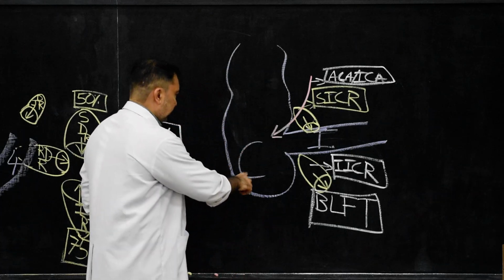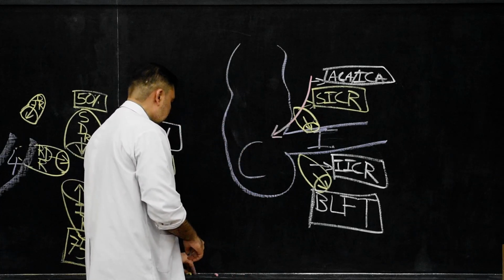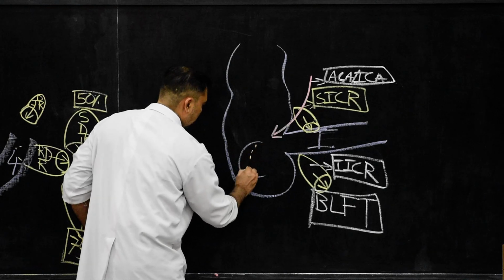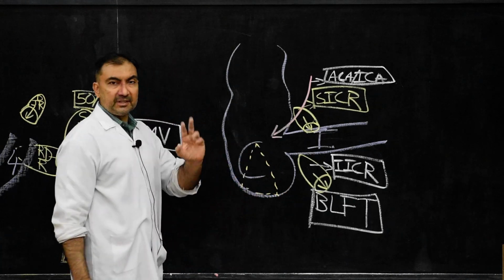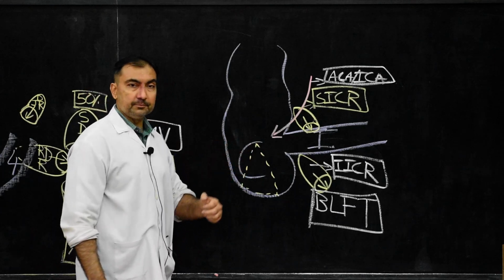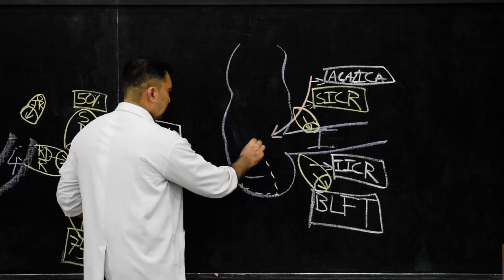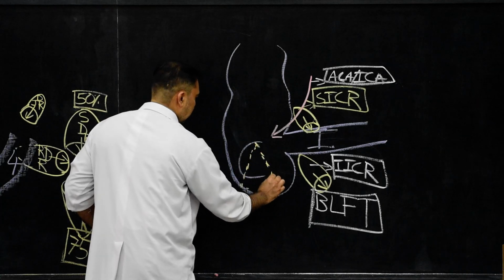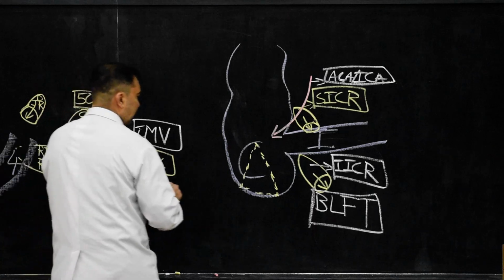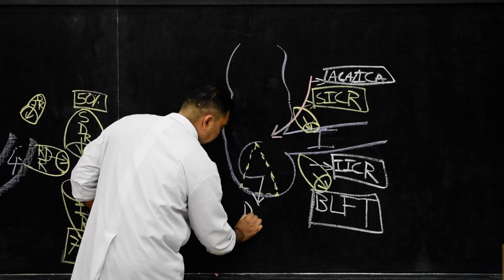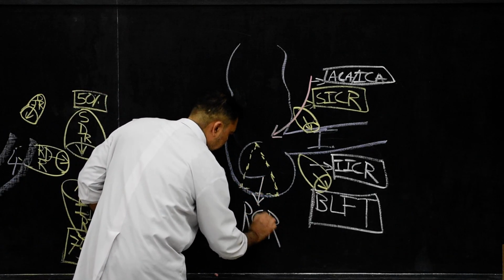The third and final recess related to this, which I will draw in dots, is the retrocecal recess. It is present behind the cecum, just behind the cecum. Write the name over here: retrocecal recess.